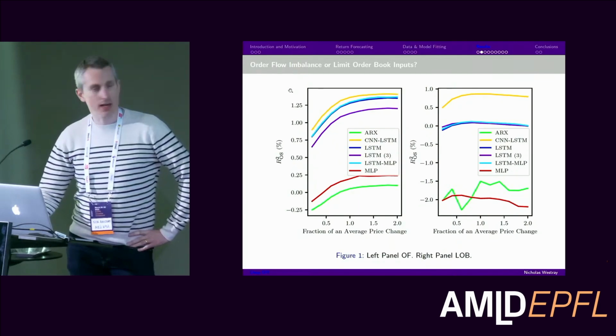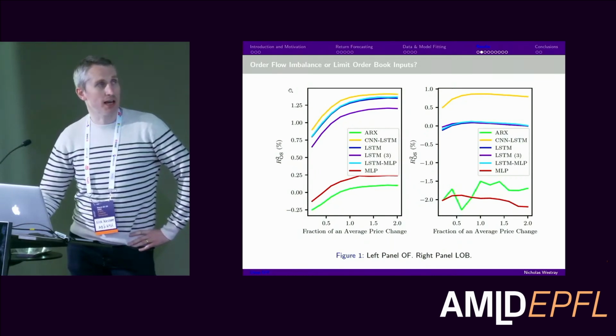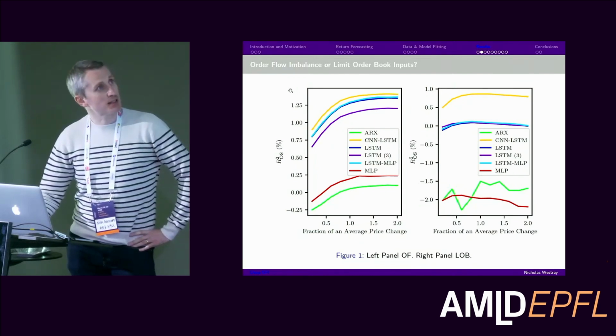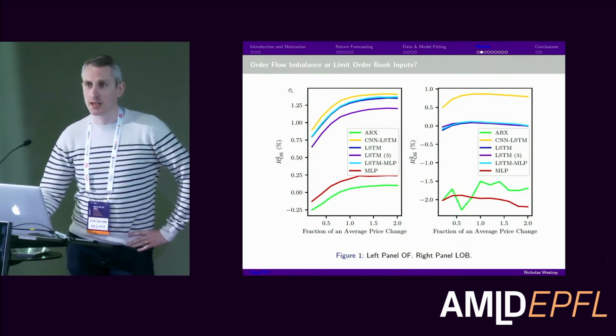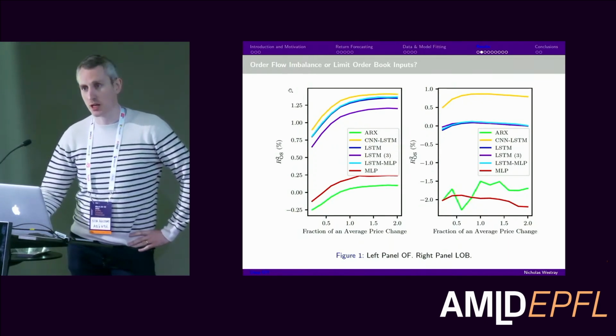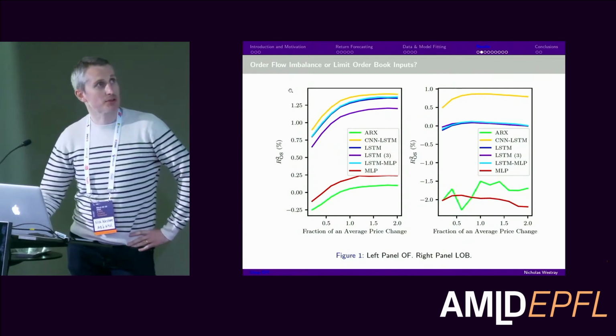Second of all, the lines group themselves nicely into groups. The red and the green go together, and then the blues and the yellows and the purples all go together. The difference here is that the blues and purples and yellows all have an LSTM in their architecture, so having some kind of sequential time series model makes a massive difference. It doesn't matter so much what you do with it.